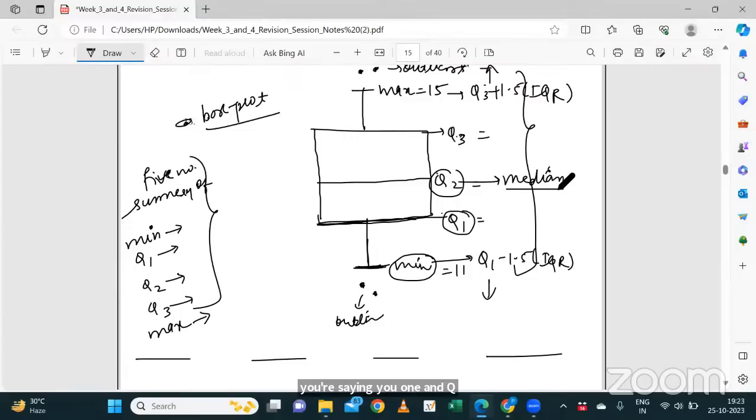Q1 is the first quartile, Q3 is the 75th percentile quartile, and Q2 is the median.